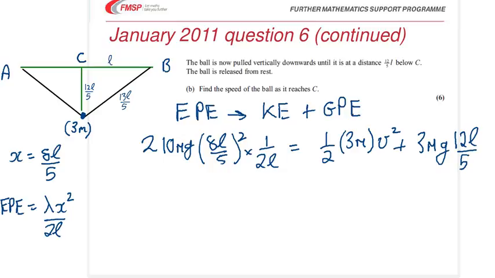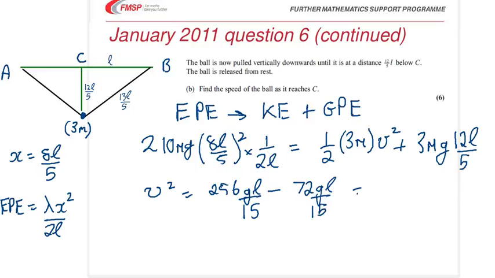The m's cancel out first of all. There's a lot of tidying up to do, obviously. We're trying to get the v. We've got the v squared term over there. I'll skip a line. You can check that you get this. v squared is 256gL over 15 minus 72gL over 15, which comes to 184gL over 15.